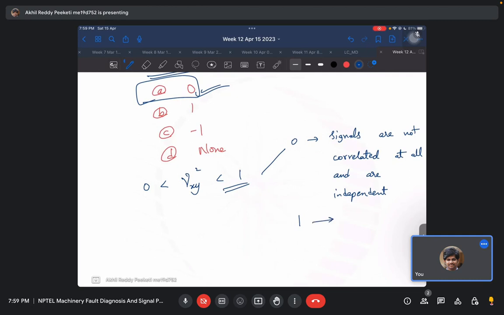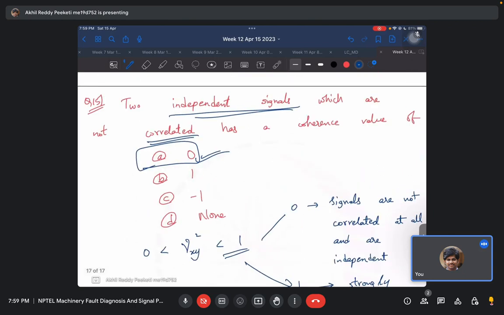And 1 implies a strong cause and effect relationship. Or they are just strongly correlated. Okay. So if they are independent, then their coherence value should be 0.